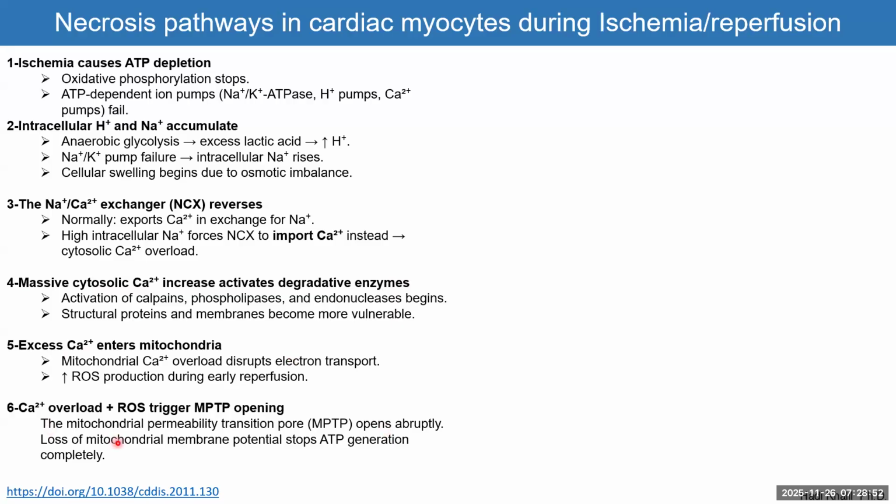So loss of the mitochondrial membrane, and therefore stopping to generate ATP completely. Now you had depletion to start with. Here you start to block to zero. So almost no generation of ATP. So the cycle is going to become more pronounced from 1 to 6.